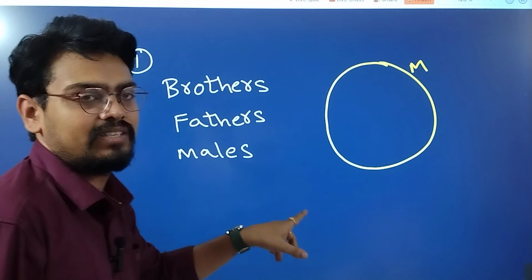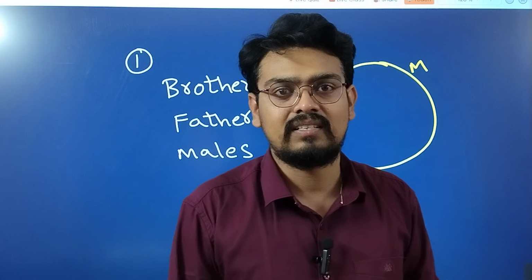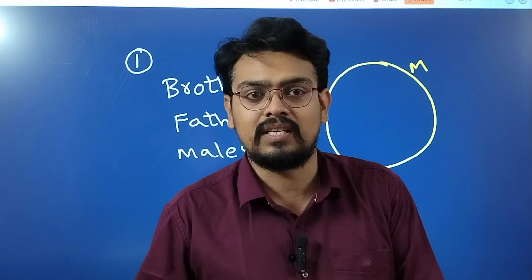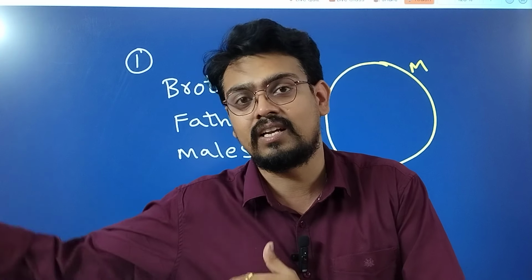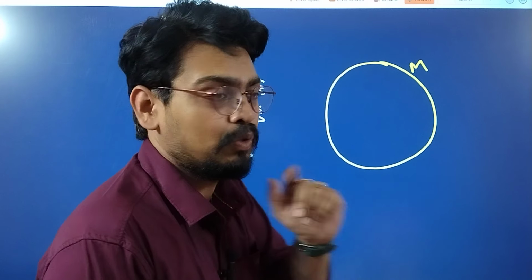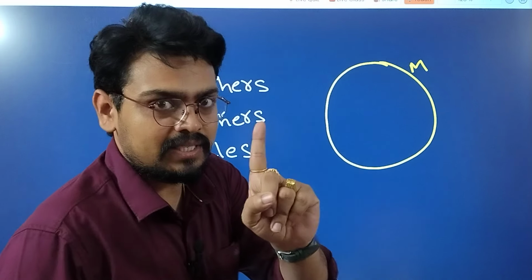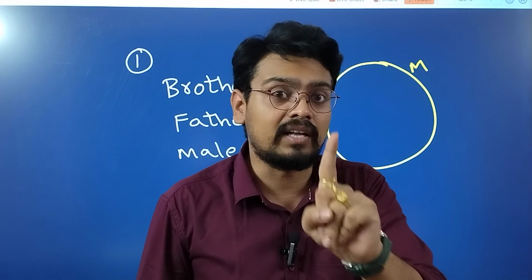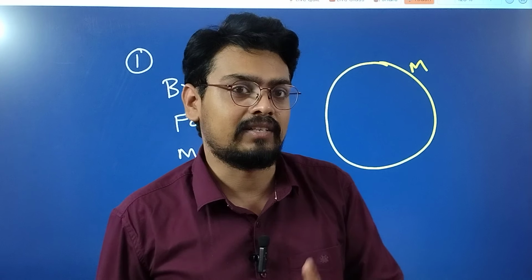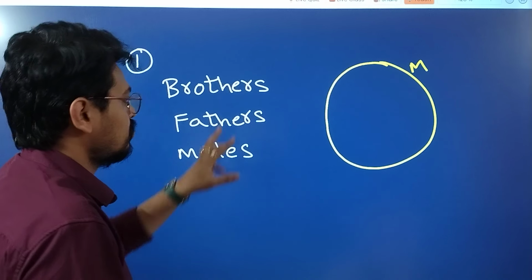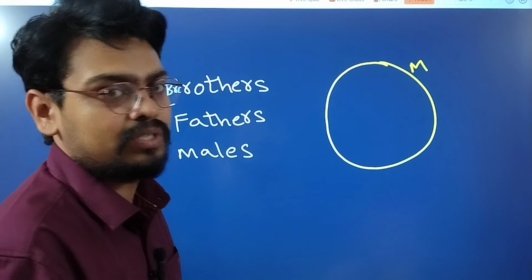Is there any relationship between brothers and fathers? Yes. A person can be a father to his son, and can be a brother to his sister or brother, holding two characters. Once again I am repeating, a male can be a father and can be a brother. So that's why there is an interlink between these two characters, and we have to overlap these two circles.